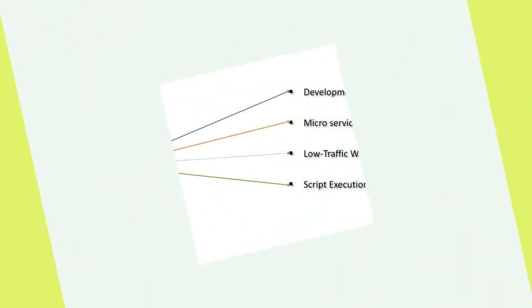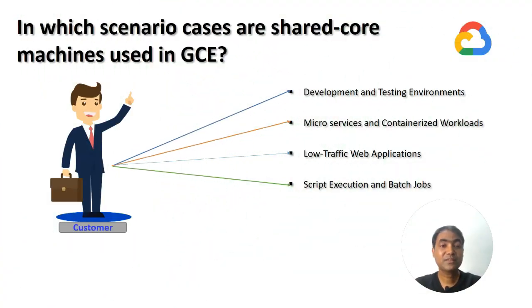In which scenarios are shared core machines used in GCE? Shared core machine types are typically used in scenarios where cost optimization is a priority and the workload does not require substantial CPU resources.